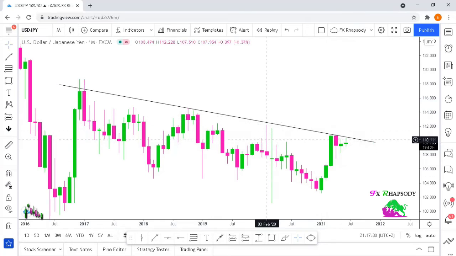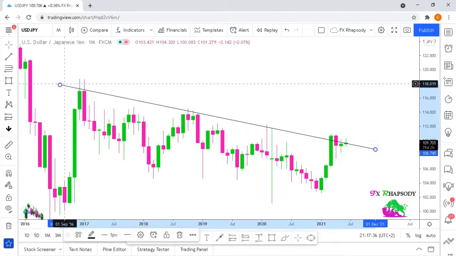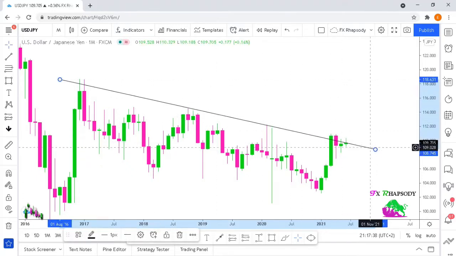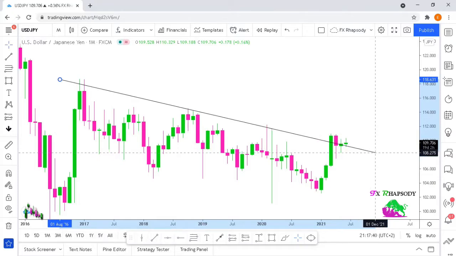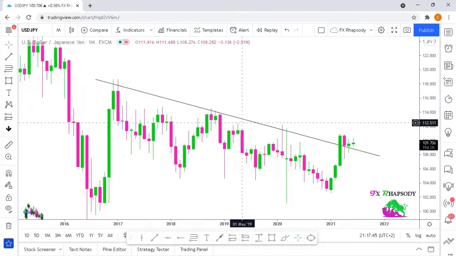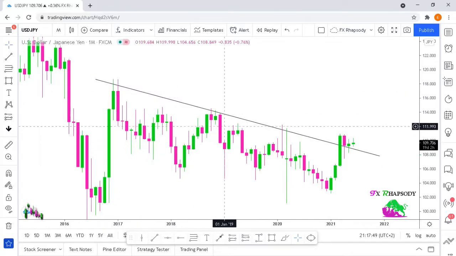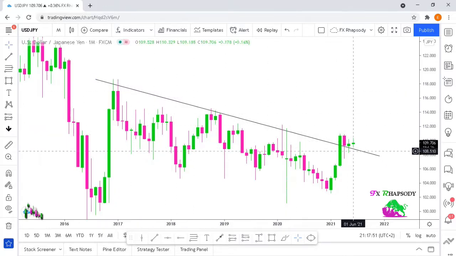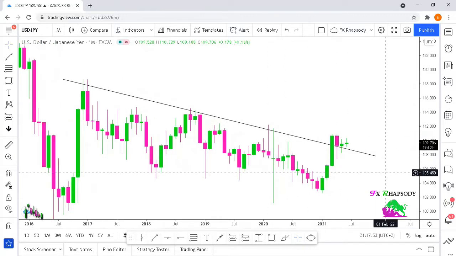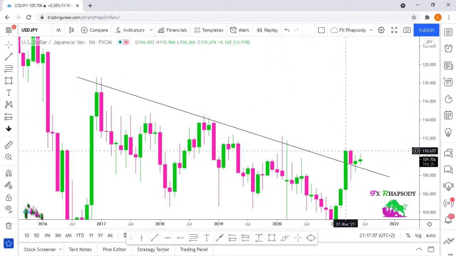So if you adjust your trend line slightly and just move it up a bit, it's all to do with just drawing it properly. There we go. Now you can see there's more wicks touching the trend line. And by drawing it like this, you can see, oh wait, looks like price has broken through, retested it, and now it's bouncing off again.